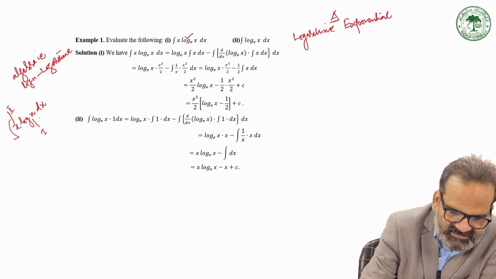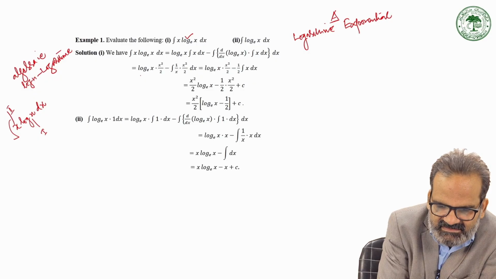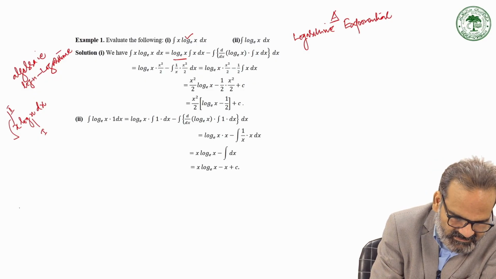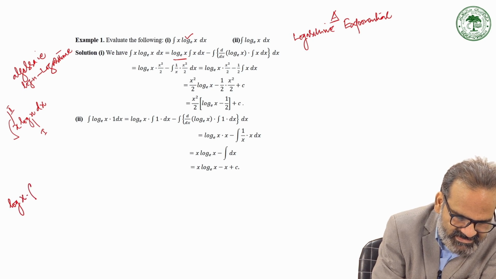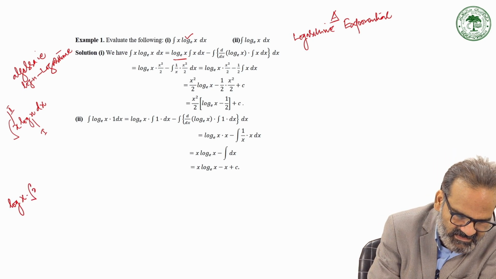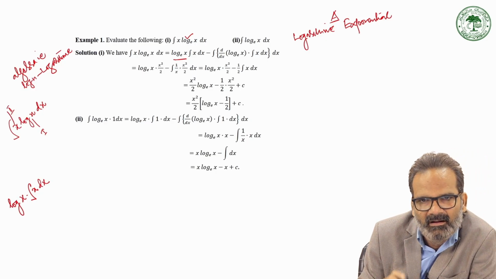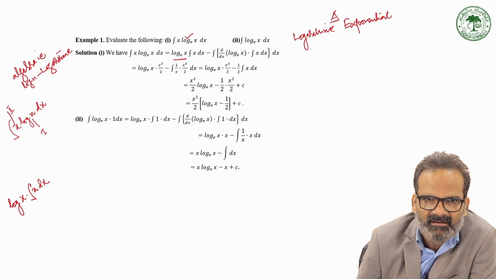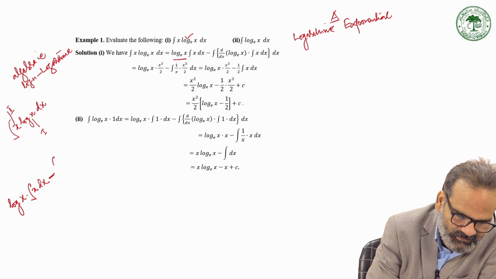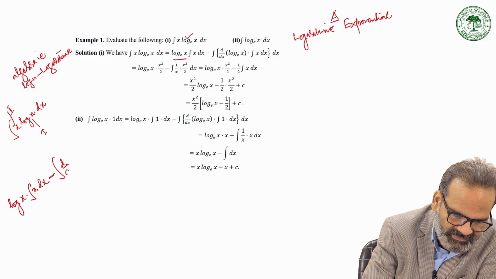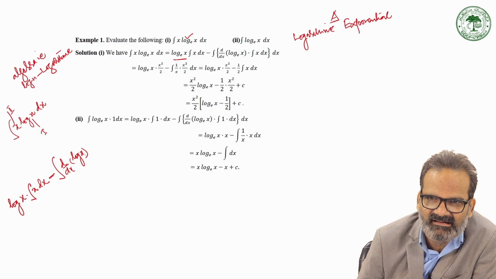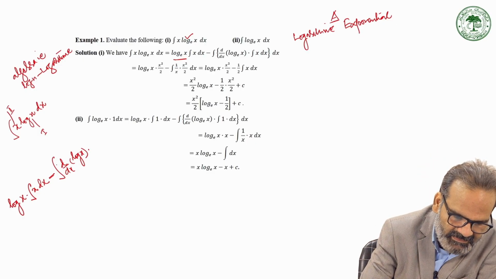Log x is taken as first function, so log x is written as it is, into integral of the second, that is integral of x dx, minus the integral sign, derivative of log x, that is d over dx of log x, into again integral of the second function, that is x dx.